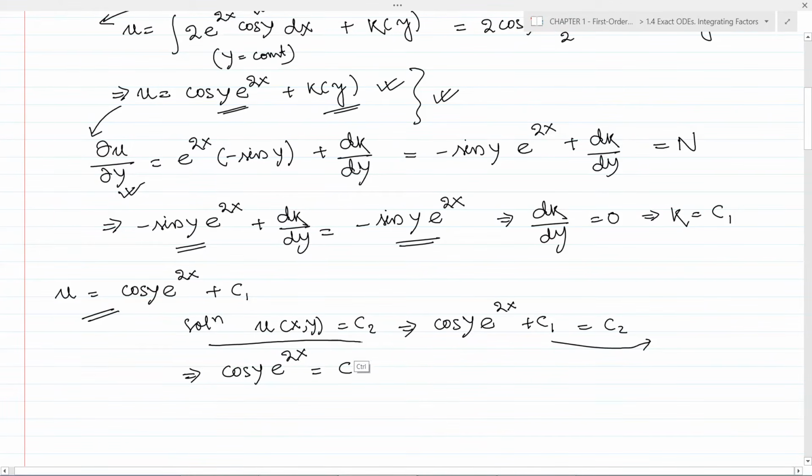So, this is the general solution of the differential equation in implicit form.